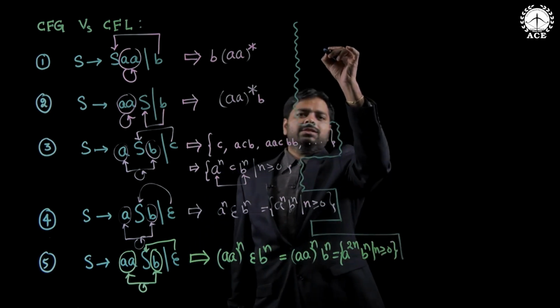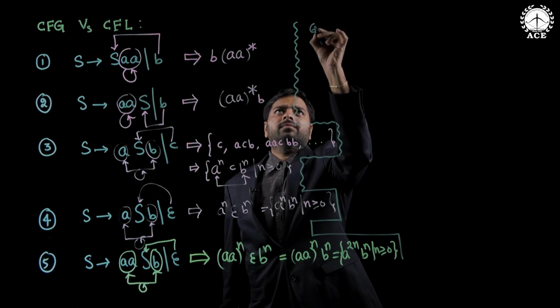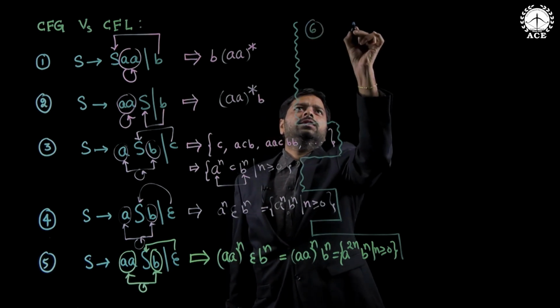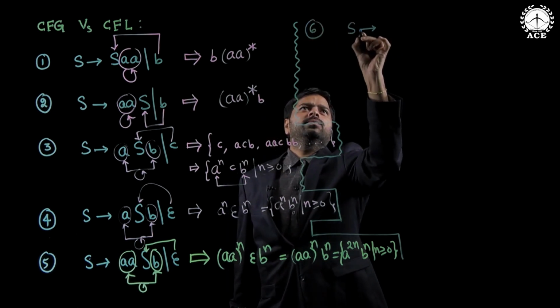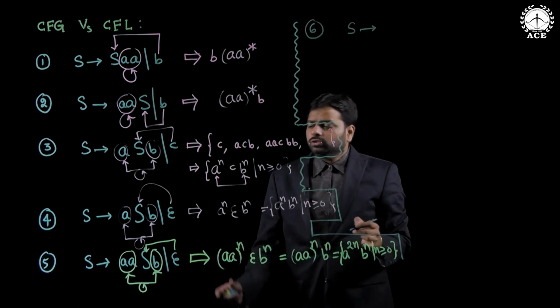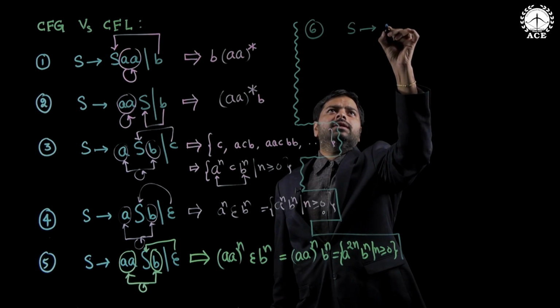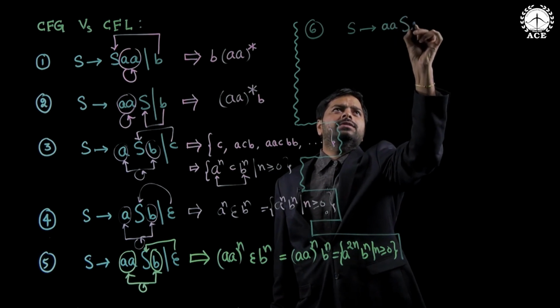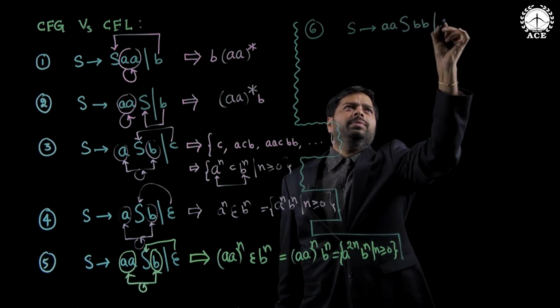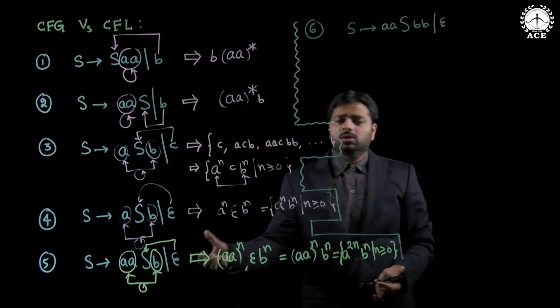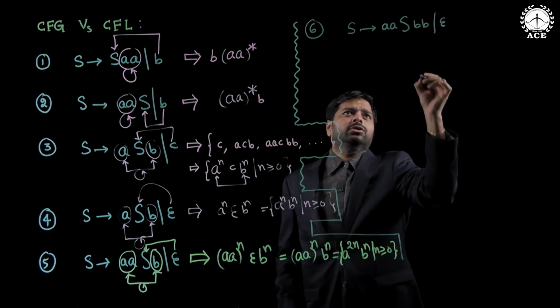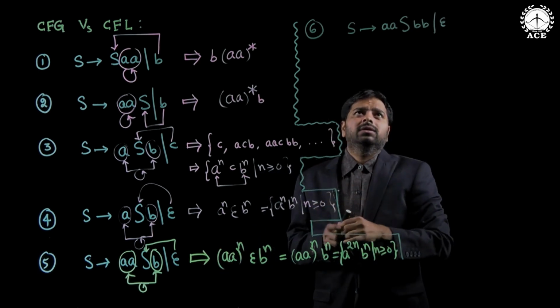Now sixth one, S2. Now I am going to use similar kind of grammar, that is double A, S, double B, and this could be easy for you now. You understood how to do that. Directly I am going to write the language for this.